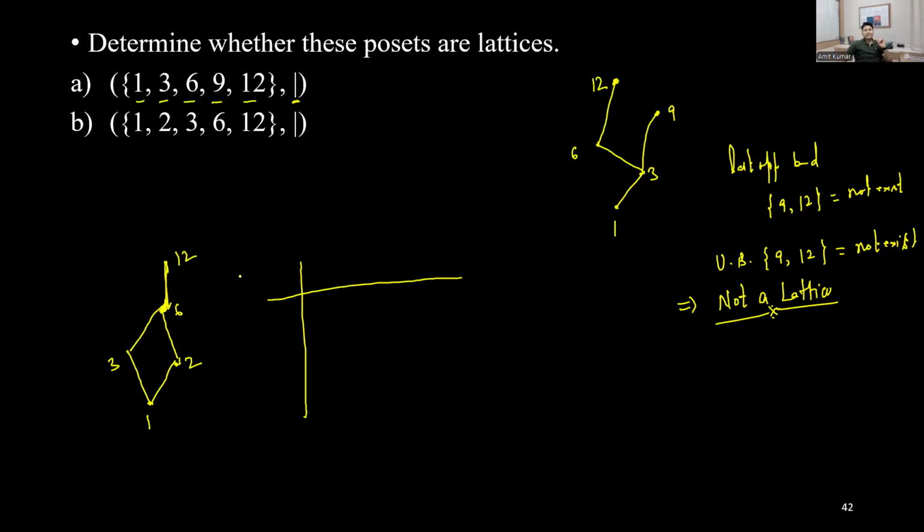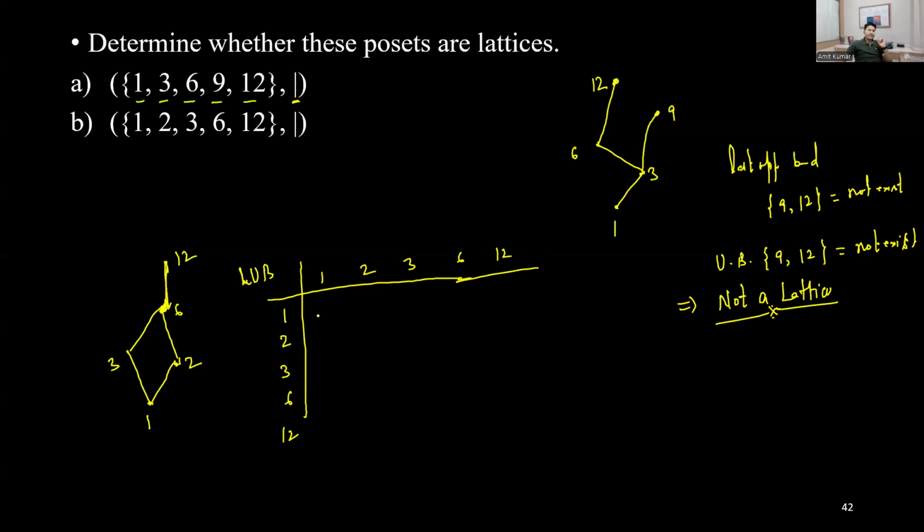Okay, so this is the table. Let us make the table of least upper bound or supremum. On both sides, write all the elements 1, 2, 3, 6, 12, 1, 2, 3, 6, 12.